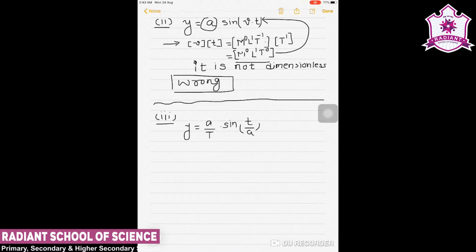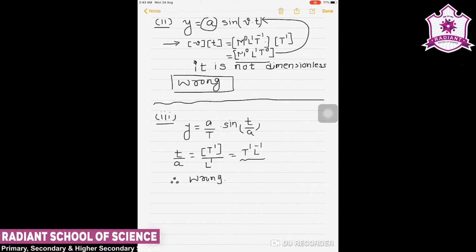So here we compare it again, t upon a, but obviously t has a dimension of time while a is a distance, so it has a dimension of length, so it is like T1 L^-1. So again T1 L^-1, it is not dimensionless, and therefore this is a wrong equation.